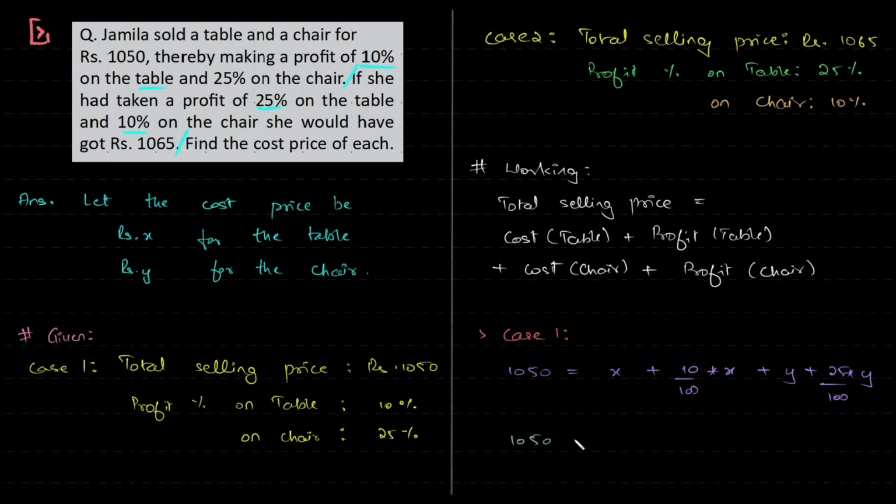So 1050 is equal to 1 plus 0.1, that is 1.1x, or I'll go with 11 by 10 x, plus 26 by 100 y. Sorry, I'll remove the denominators. I don't want these; I want whole numbers, so I'll multiply with 100.